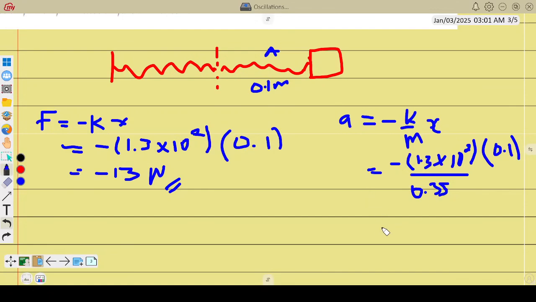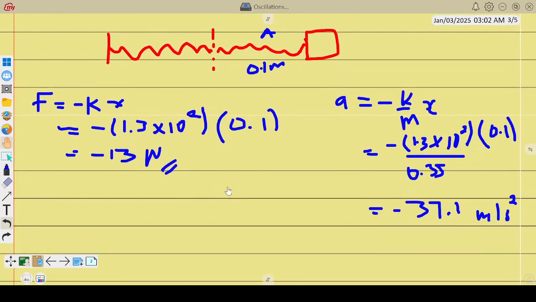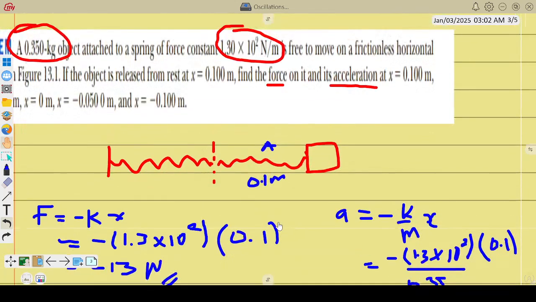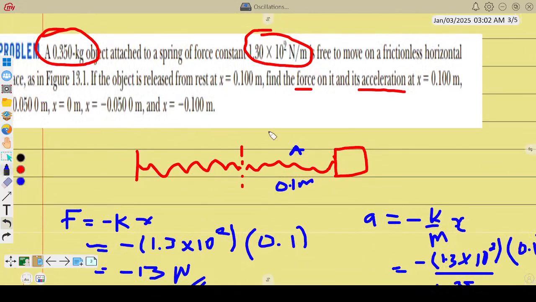We're getting negative 37.1 meters per second squared. That's how we answer. So we've answered at the first position, when x is equal to 0.1.